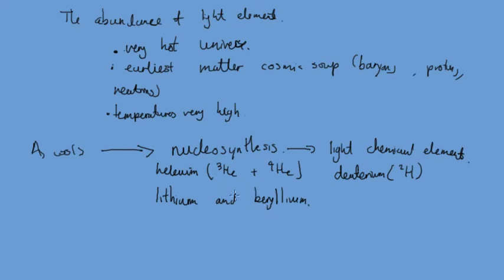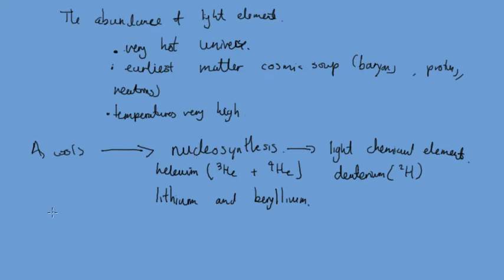So you've got these nuclei that have been formed. It's still too hot for them to capture electrons because they're just whizzing about in this hot plasma. But they're getting sent out there as the universe expands.